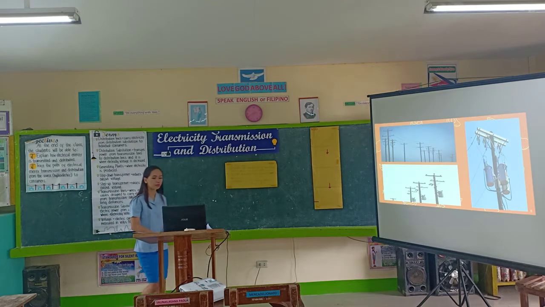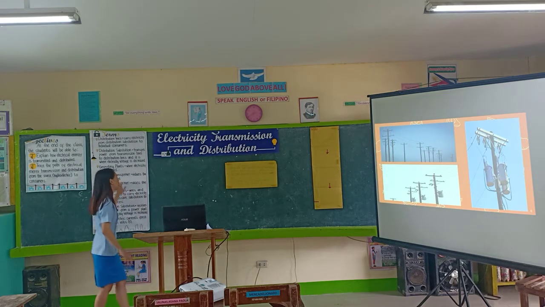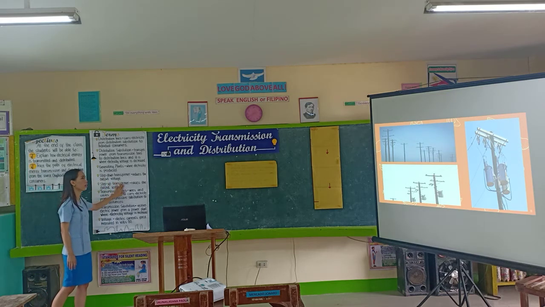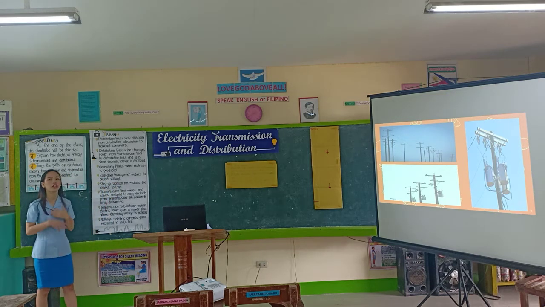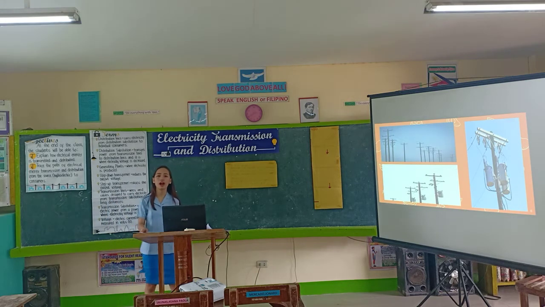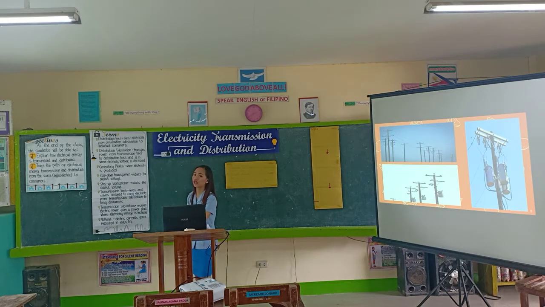Please refer to these terms, class, because they will guide you during your activity. Now, we will have an activity in which you will trace how electricity is transmitted and distributed from a source, which is a hydroelectric power plant, to our homes.